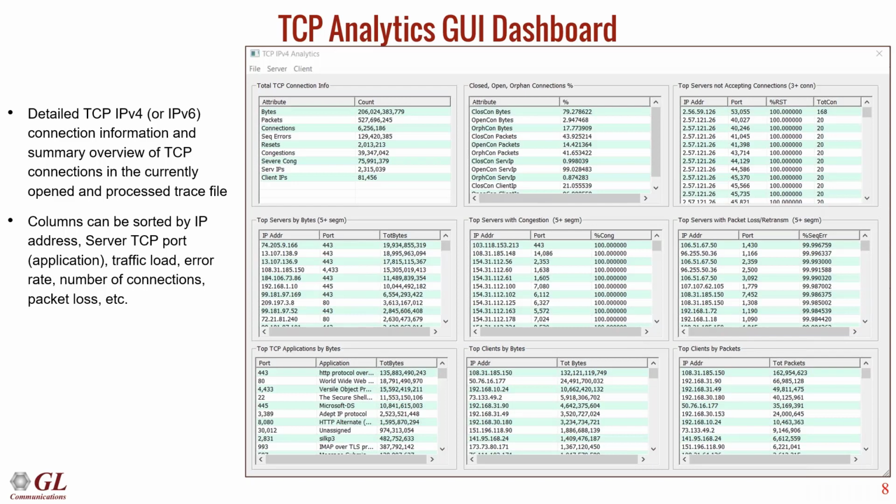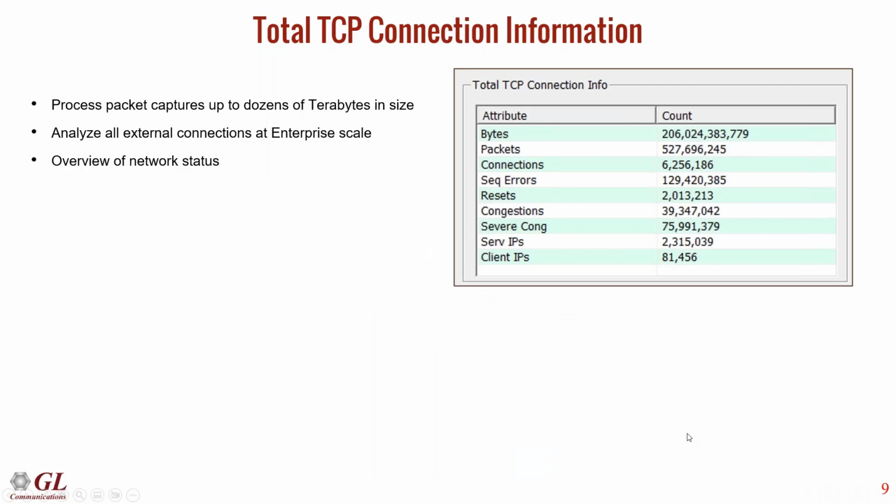They can verify an IP address of interest, or if they want to see the number of packet losses, or why a connection is being rejected, they can easily sort the column so that they can quickly identify which particular IP address is causing the problem. From the next slide, we will go through detailed information about each and every statistic.